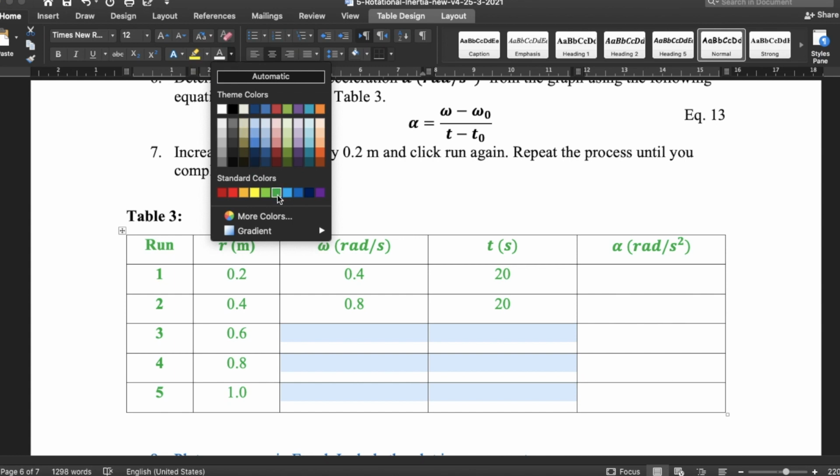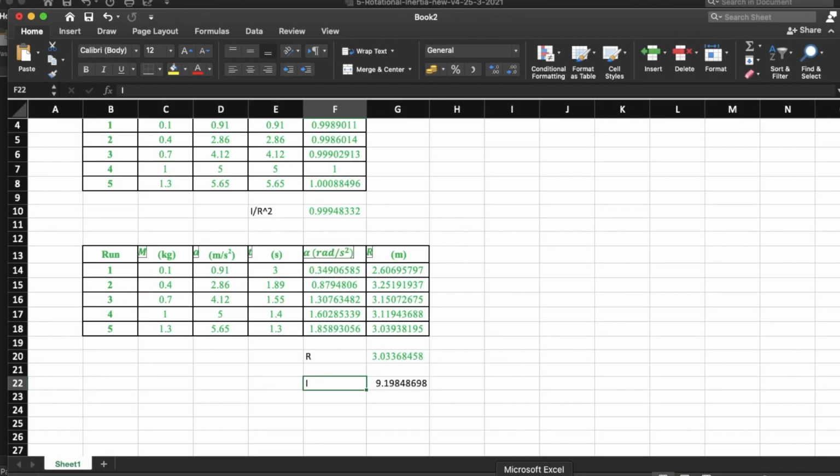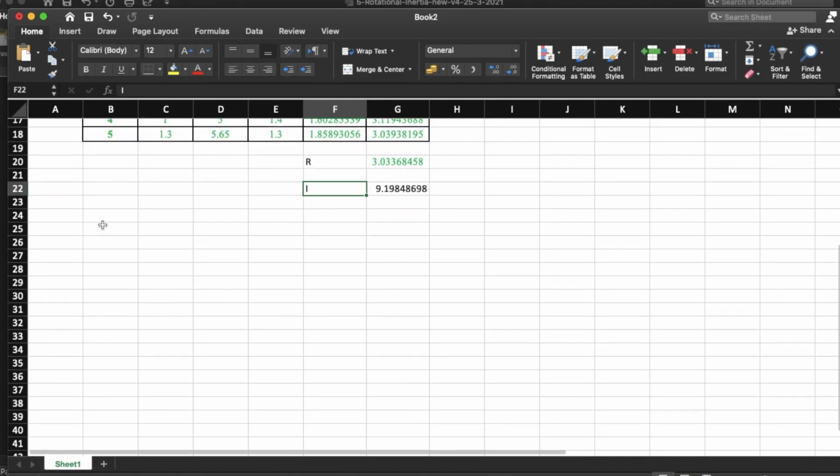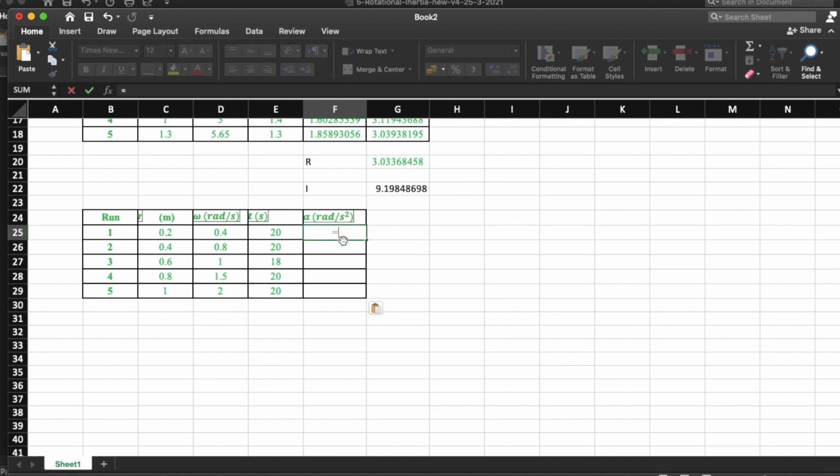Then go to Excel to make a plot of alpha versus R. How can we obtain alpha? Alpha is simply omega divided by t, because omega 0 and t0 are both 0.